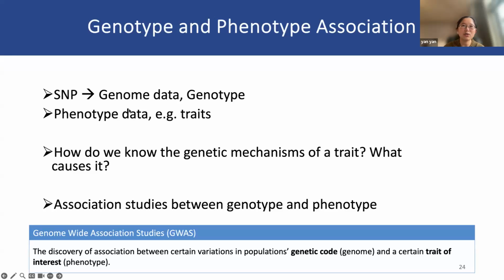And with those two different kinds of data sets, what we could do is look at the genetic mechanism of certain trees or certain diseases, what causes a certain disease. And how do we know that? We could do an association study between the genotype and the phenotype. And if we use this whole genome SNP data, this is the so-called genome-wide association study.